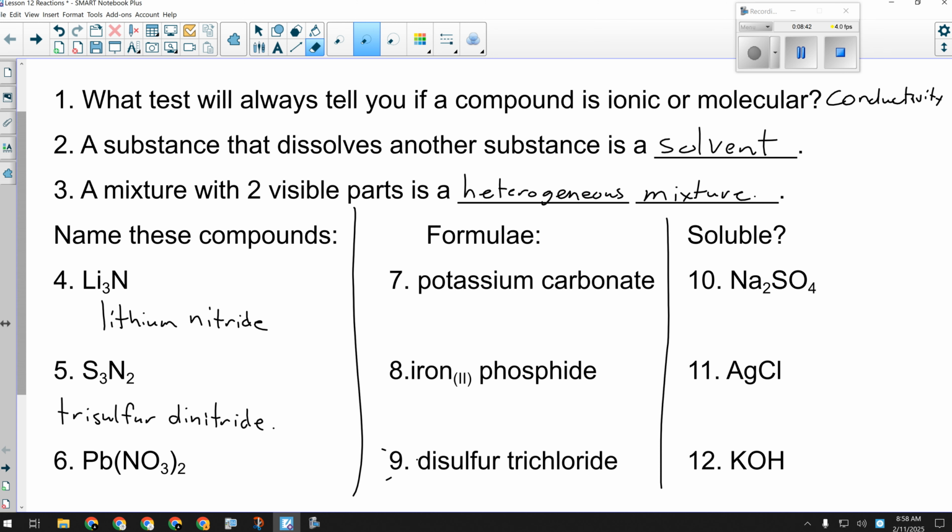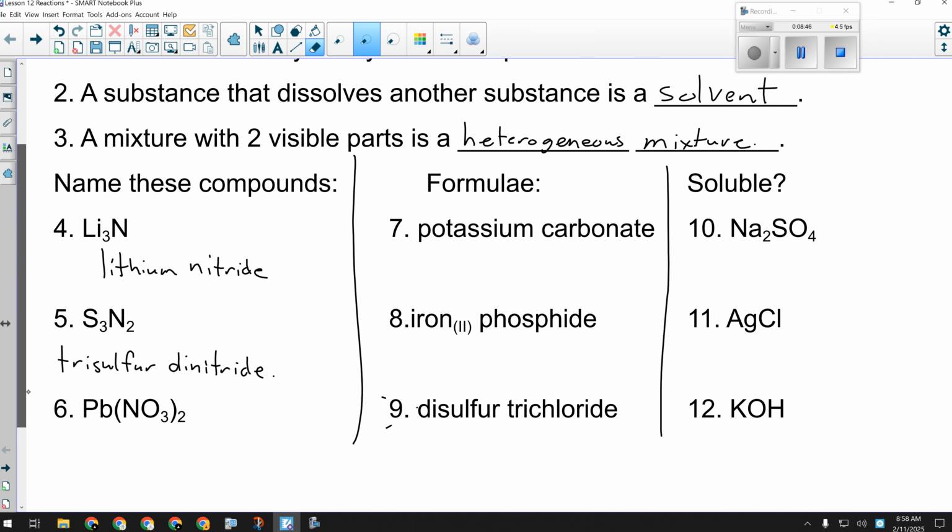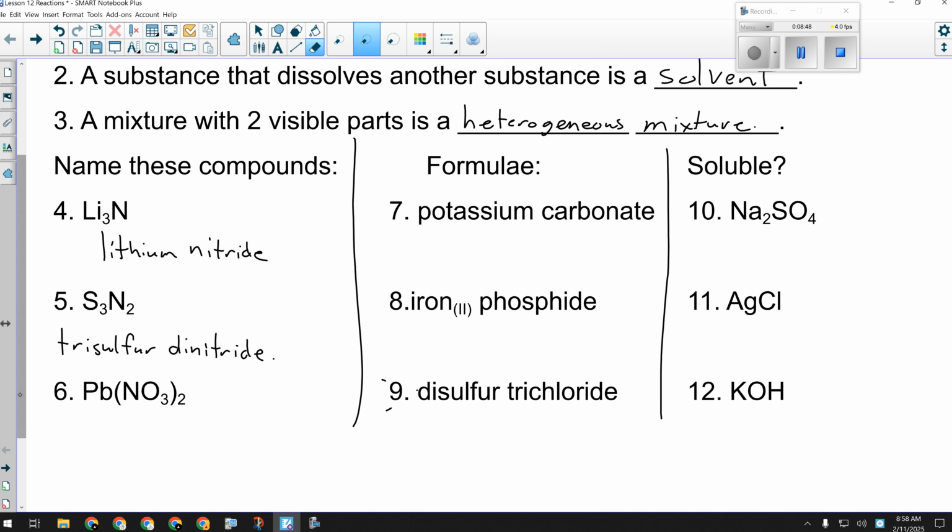And for our last one here, ionic or molecular? It's ionic. Lead's a metal. Nitrate is a polyatomic ion. So I'm going to write the name of the metal, lead. I'm going to write the name of the non-metal. In this case, it is a polyatomic ion, so I'll just write its name as it appears. Am I missing anything? What do I need here?